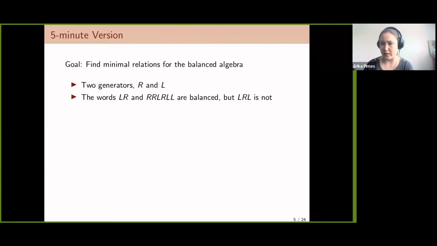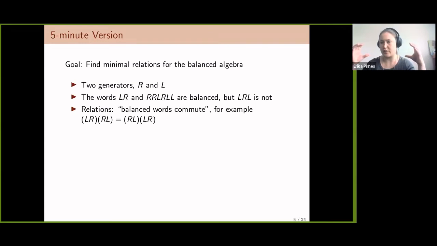So balanced words play an important role. Basically, what are the relations? Balanced words commute. If I take any two balanced words, I should be able to swap those. Here's an example: LR commutes with RL. Now let's look at one example in the balanced algebra.